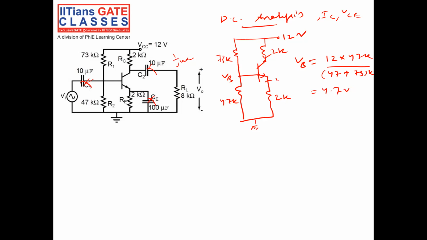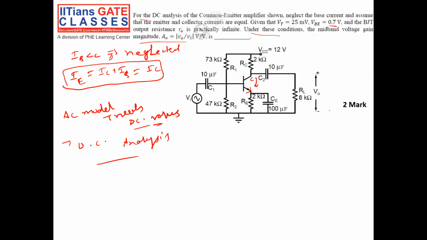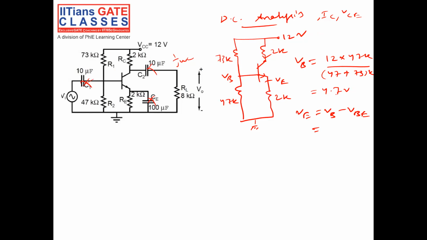And what is VE? VE is nothing but VB minus VBE. VBE is given 0.7 volt, right? So VE is 4.7 minus 0.7, equal to 4 volt. If VE is 4 volt, then what is IE? IE is VE by 2K.